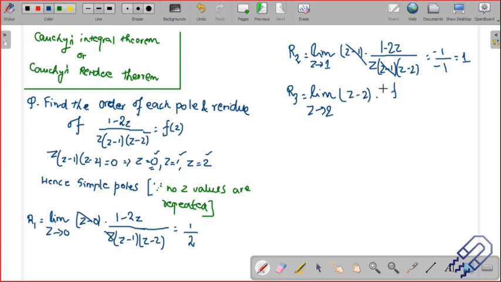Okay. 1 minus 2z into z minus 2, and z into z minus 1 into z minus 2 gets cancelled. I'll put z equal to 2. 1 minus 2 into 2, that is 1 minus 4, so minus 3, divided by z which is 2, 2 minus 1 which is 1, so it is minus 3 by 2. So these are the three residues that you have.